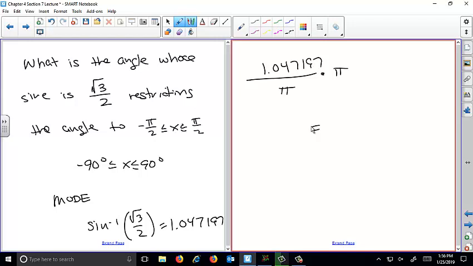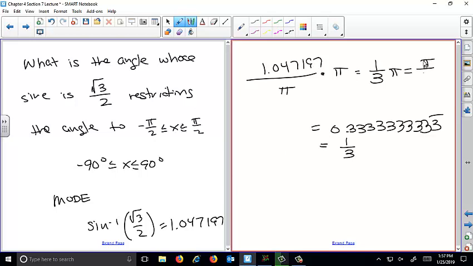We want to keep as many decimal places as possible. Divide by pi, and you'll get 0.3333333333, ten threes, which is 1/3, which therefore becomes 1/3 pi, or pi divided by 3.